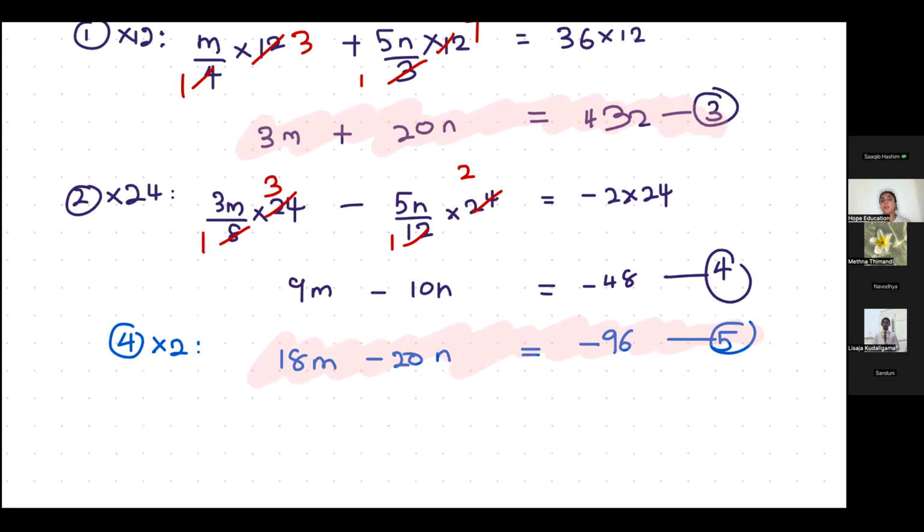Are they the same sign or different signs? We have different signs, no? We have plus. If you take this 20n, we have minus, right? With different signs, what do we do? We add the two equations. So equation number 3 and 5 I'm going to add.